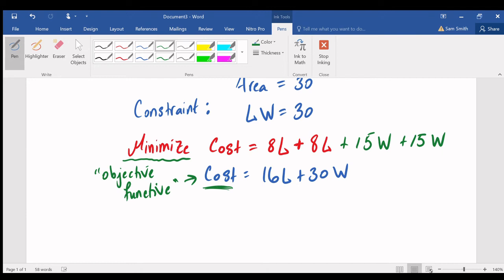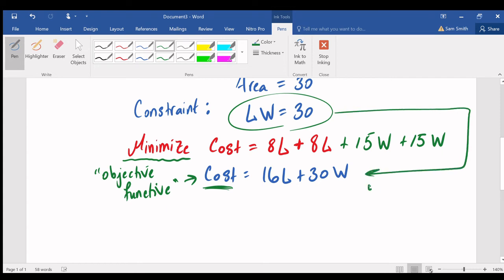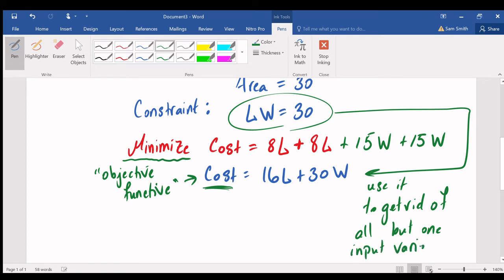What we're going to do is actually go back to this constraint function, and we are going to use it to get rid of all but one input variable. We're going to use it so that we can transform cost into a function of just one variable.